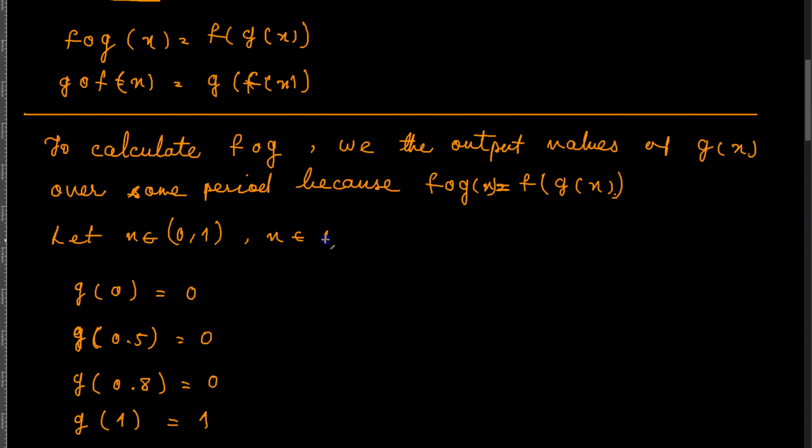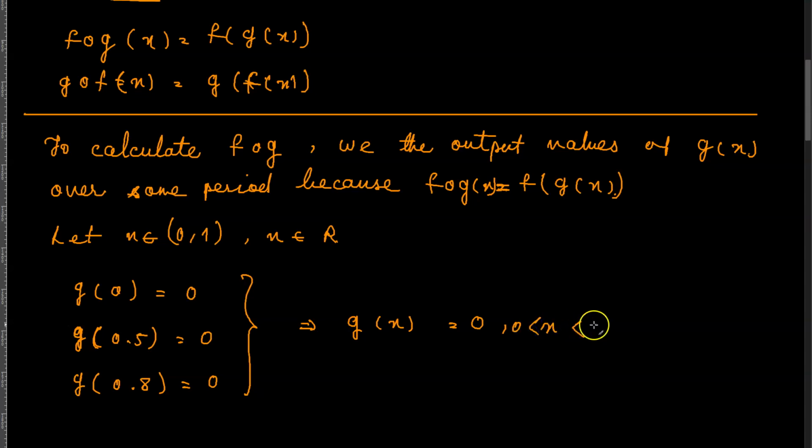So this is not a problem anymore, meaning that all the values between 0 and 1 are going to give me an output of 0, which means that g of x is equal to 0 if x is some value between 0 and 1.